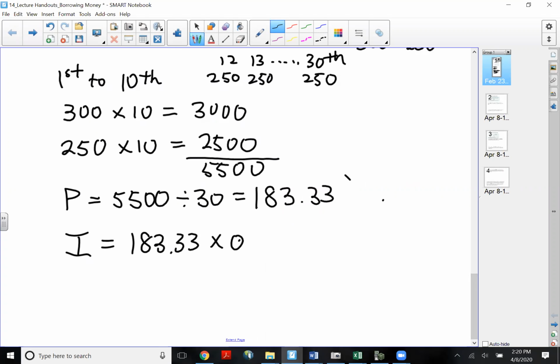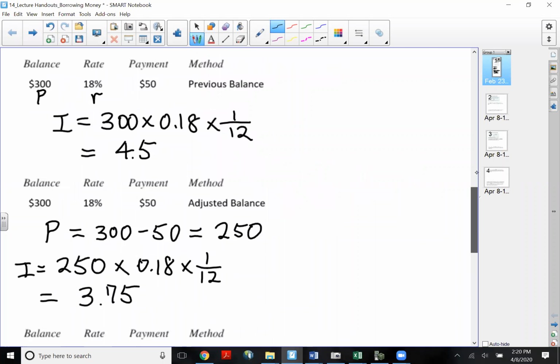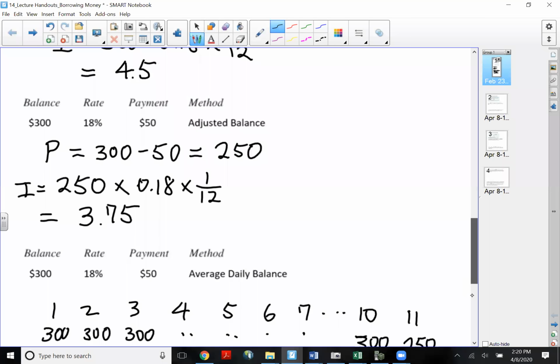Be very careful. Times, what's my time? Well, I'm actually computing average daily for the month. This month has 30 days, so it will be 30 days out of, let's see, what does it say up here? 365. We're using 365 for daily.